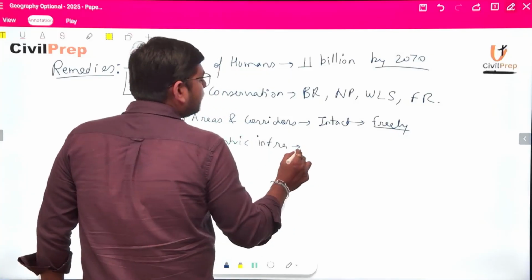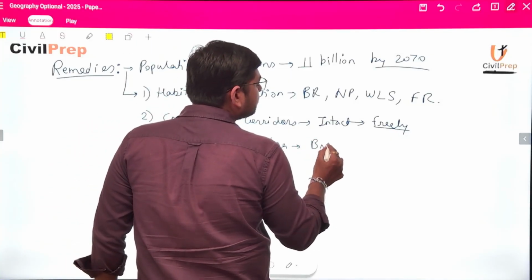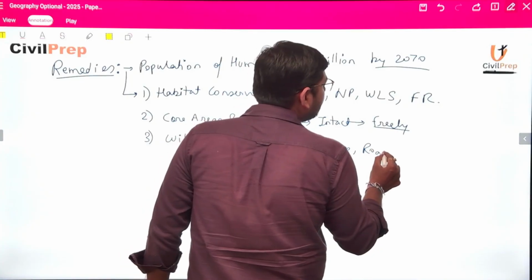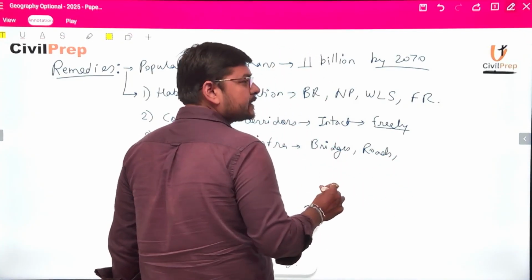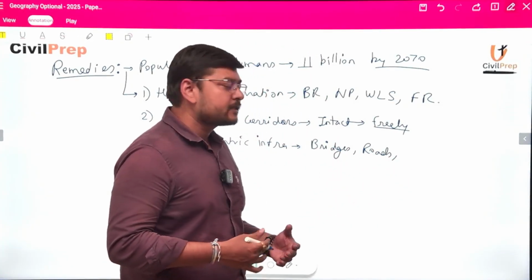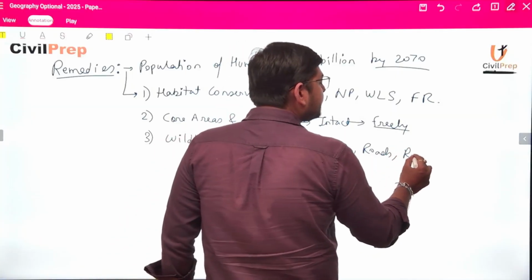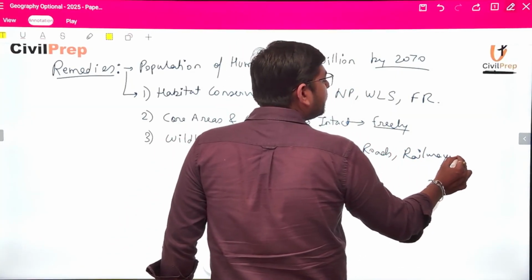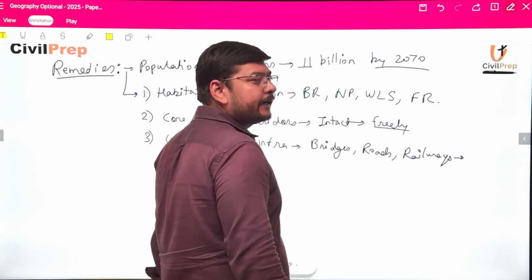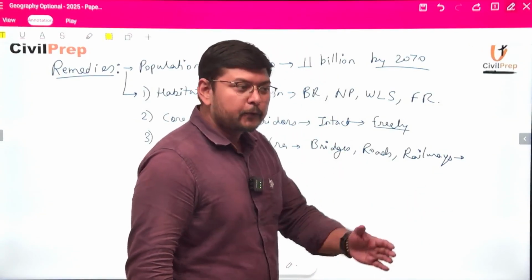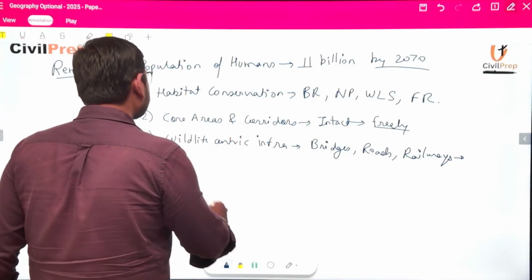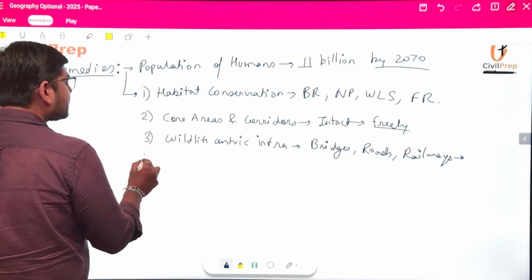For example, bridges and roads have to be developed in such a manner. For example, railways also. Railways have to be developed in such a manner that they do not move through the critical habitats or the corridors. So this has to be taken up as a solution.